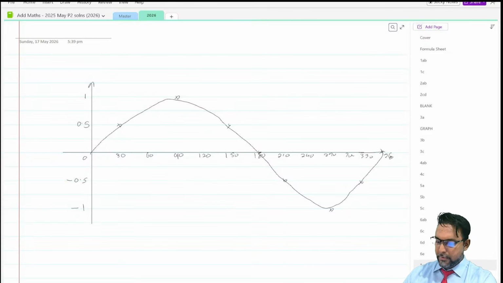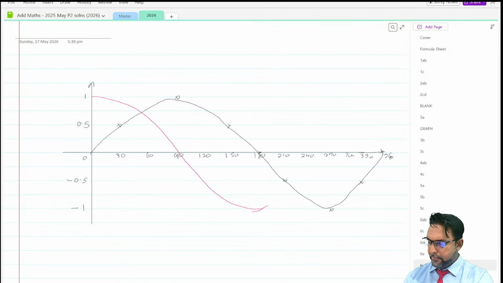Cos of 180 is 0? No, cos of 180 is minus 1. And then the 240.